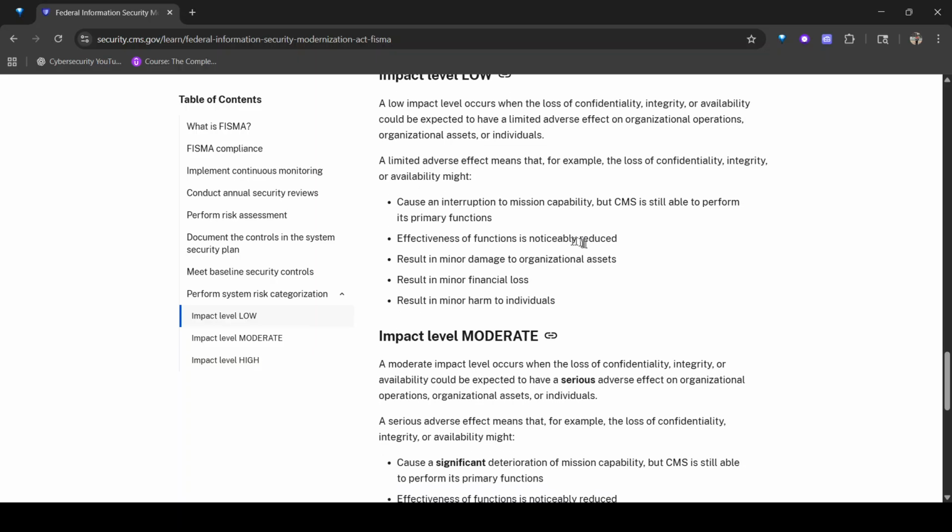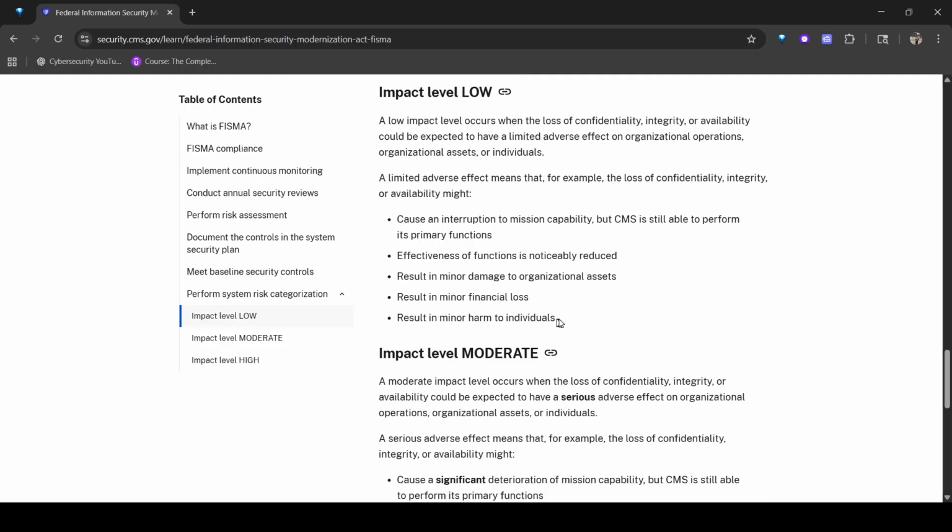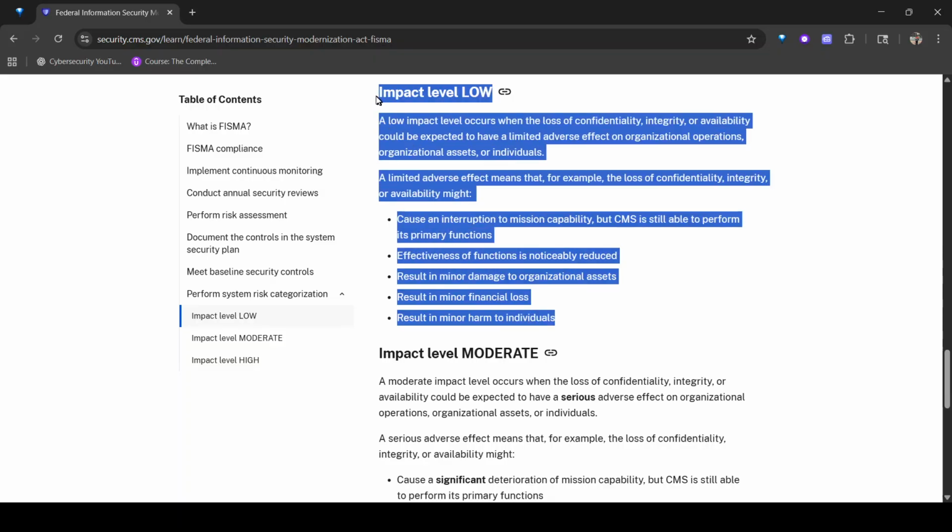Effectiveness of functions is noticeably reduced, and it results in minor damage to organizational assets, minor financial loss, and minor harm to individuals.